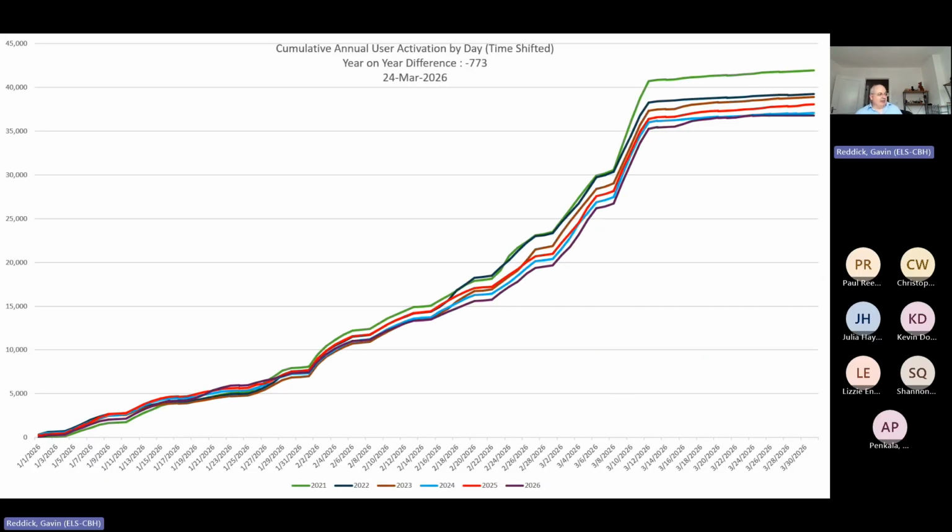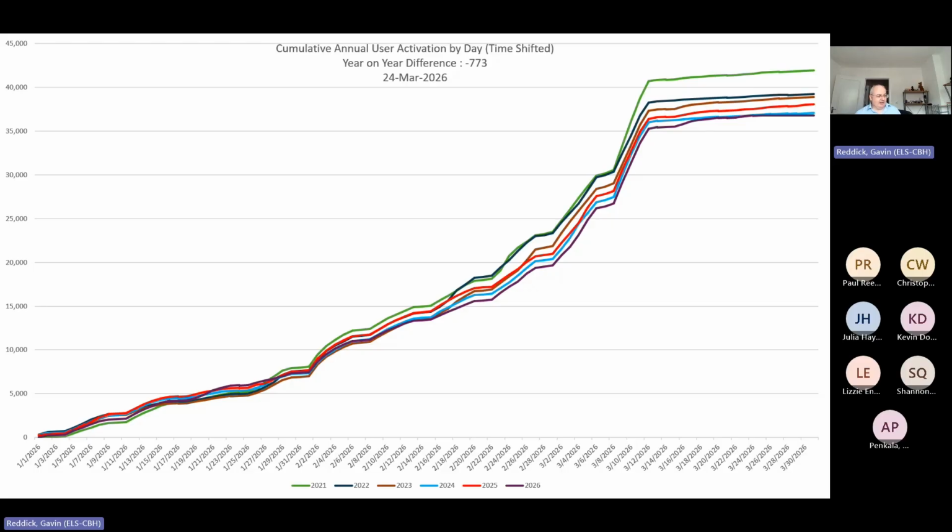In fact, at this point about 773 fewer users have logged on in Q1 this year than last year. But you can see that 773 is contextualized by about 36,000 people having logged on. So it is lower, it is significant, but in the grand scheme of things, it's not massively substantial in terms of the overall numbers.